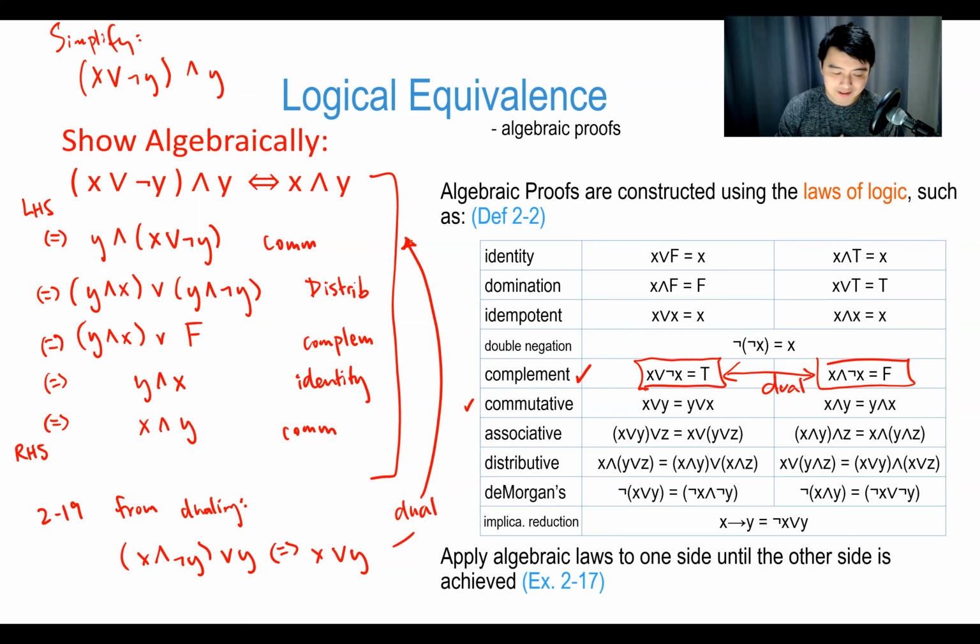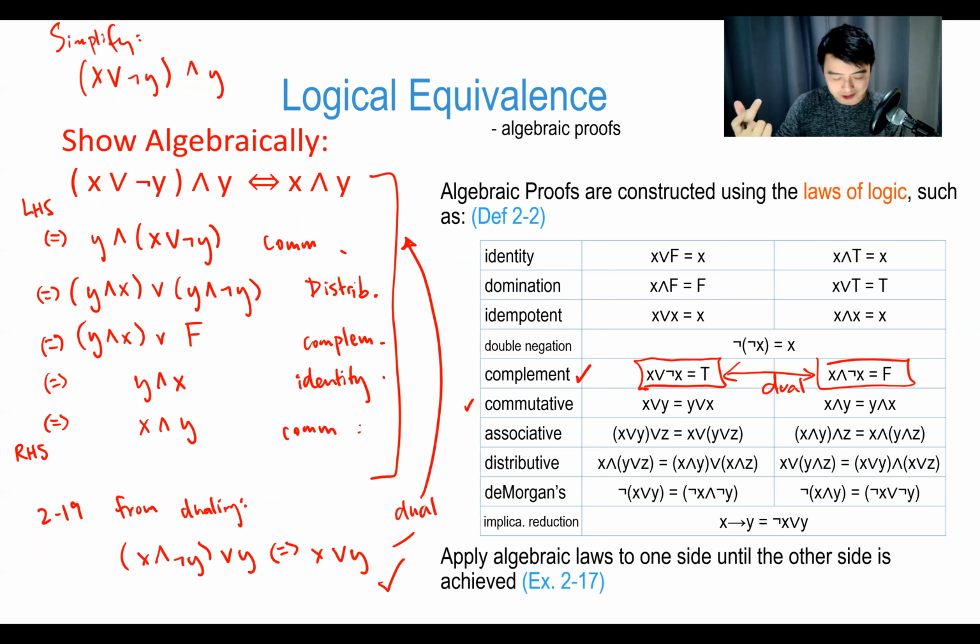And what you'll find is that if I try to prove this expression right here, I can use the exact same steps that I listed here, except I'm using the dual versions of those laws. So that's how they're related to each other. Remember how I said ands and ors only differ in true and false? This is how they're related, because it turns out that the conjunction and disjunction are actually duals of each other.